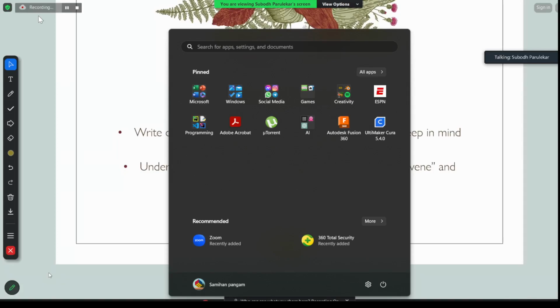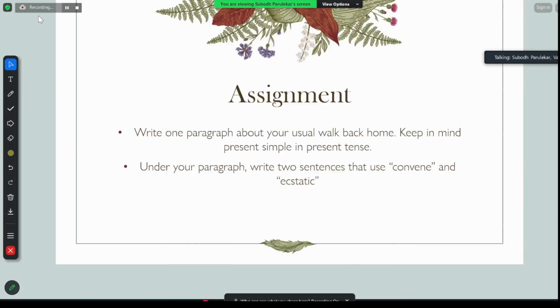The assignment. Yes, ma'am. Oh, okay. Let me give you an example. Which one are you confused on, the first part or the second part? The second part. Okay, the second part asks you to write two sentences that use convene and ecstatic.